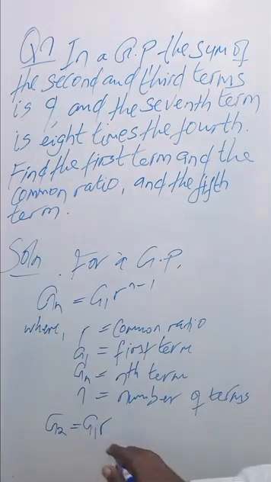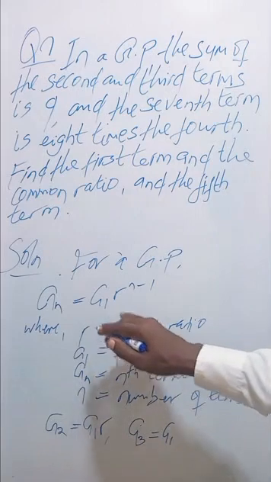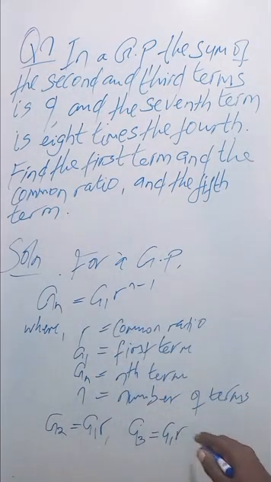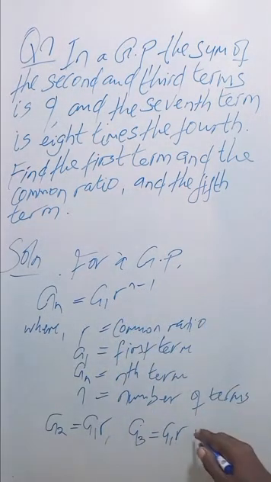Then the third term, this is G3. G3, according to this formula, is G1 times R, here put 3 minus 1, you get 2.